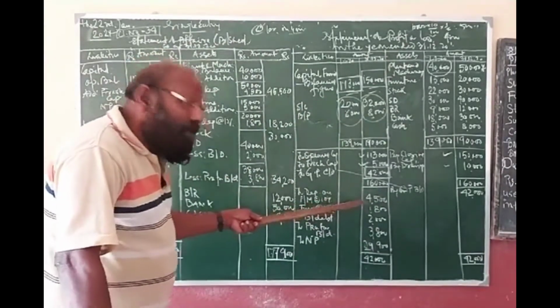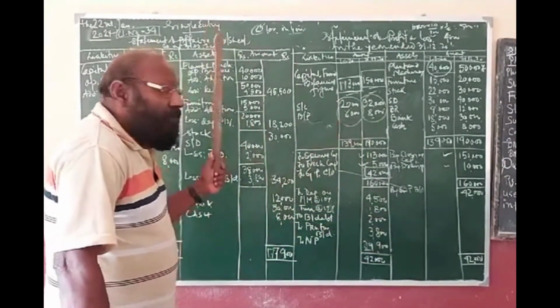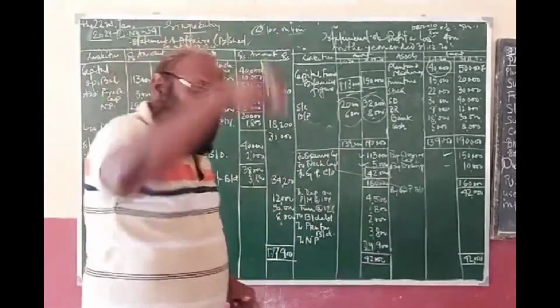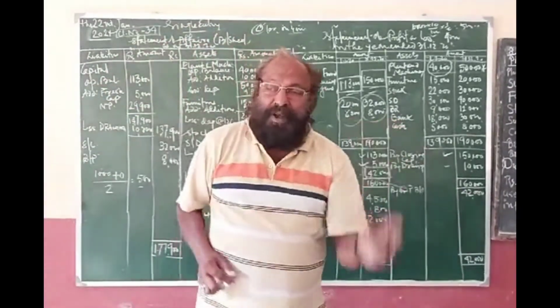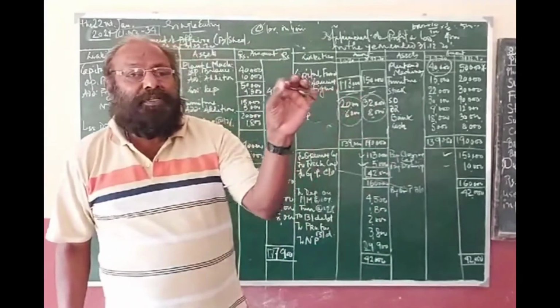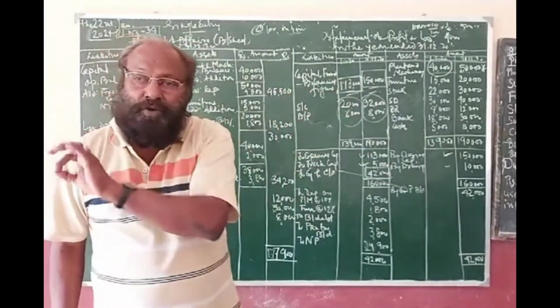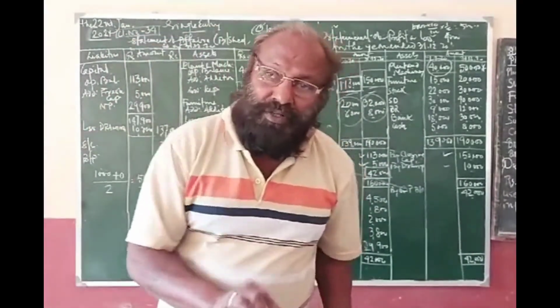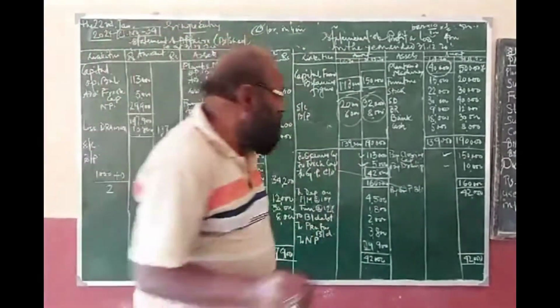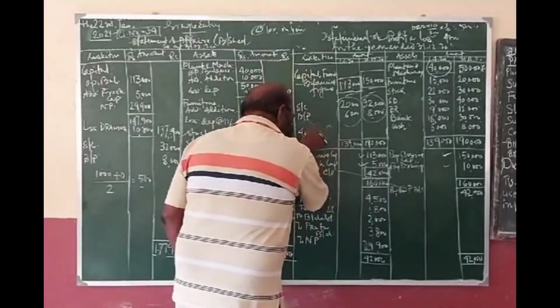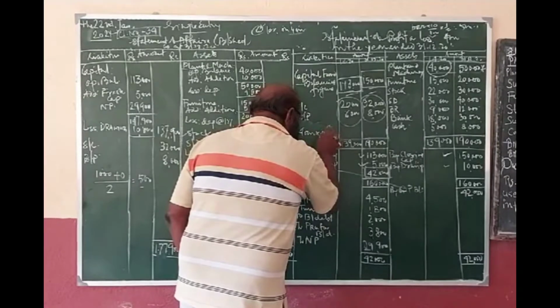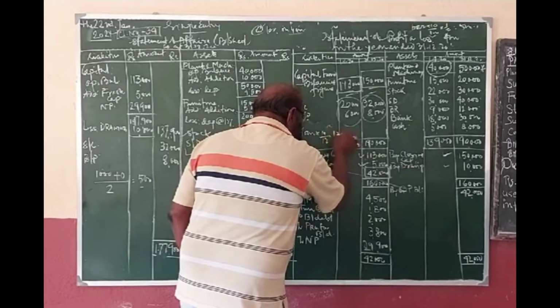Whatever you have done, you must show it in your working note. Working note: depreciation on plant and machinery on rupees 40,000 for the whole year. Now to calculate it, as I have already told you, 40,000 into 10%, and on 10,000, 10% for 6 by 12.